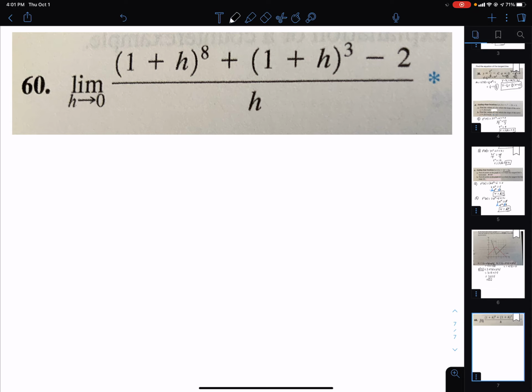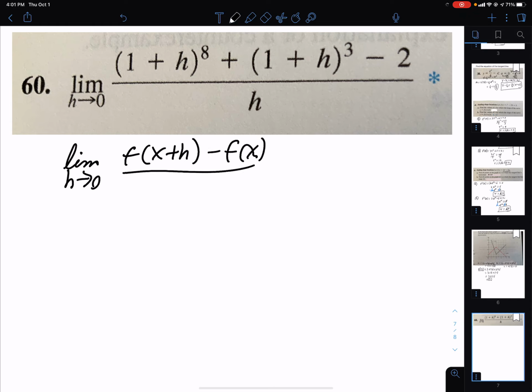You have to recognize this is the definition of the derivative, and it's of this form. So what looks familiar? There's h, there's h. Oh, x plus h, or excuse me, let me do that over again. X plus h, wait, there's my x plus h, there's my x plus h.